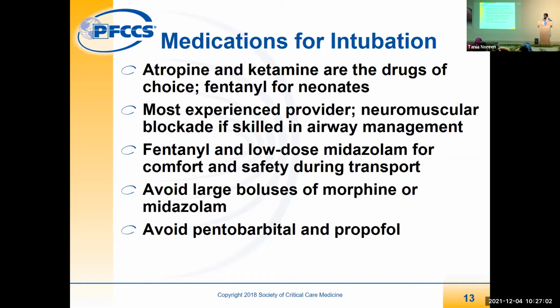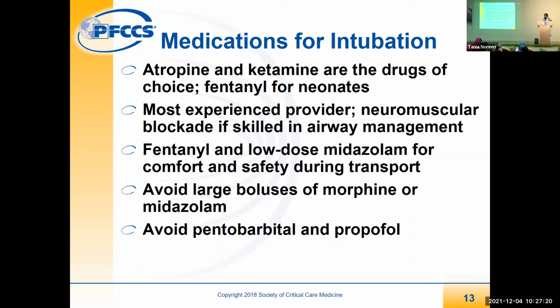With fentanyl, sometimes kids have a very tight chest. Chest rigidity is one of the side effects of fentanyl, especially in small kids and neonates. The only thing that helps at that time is giving paralysis immediately.